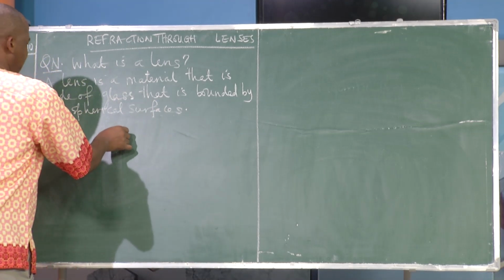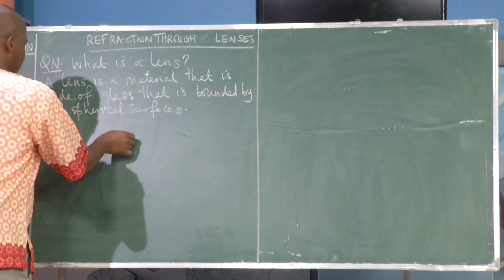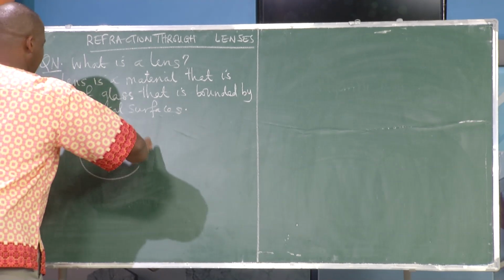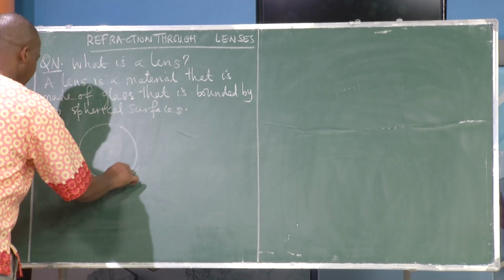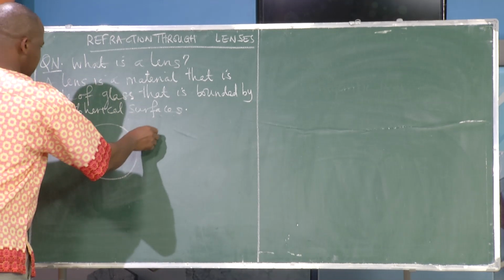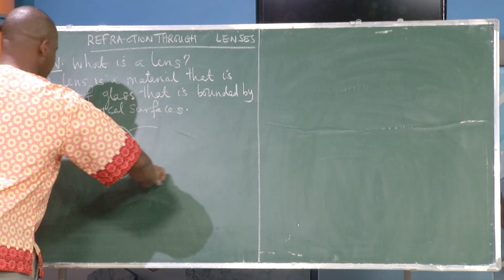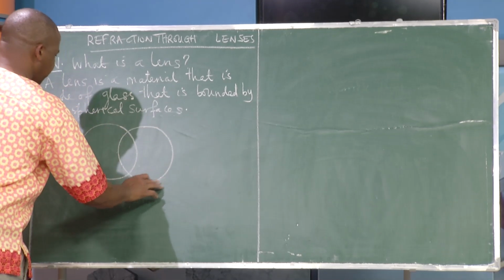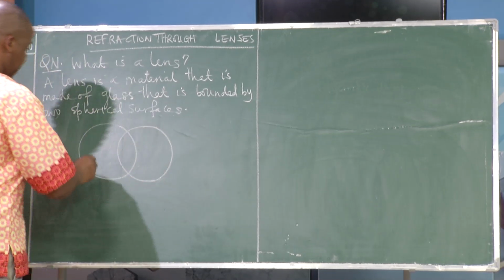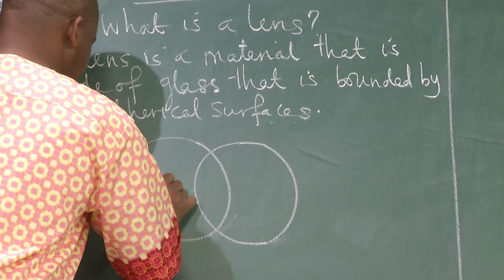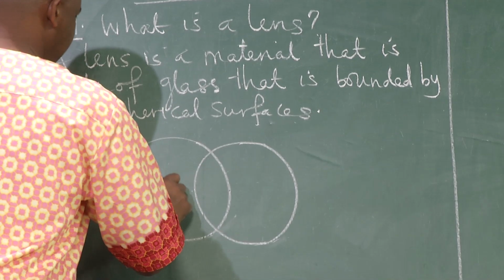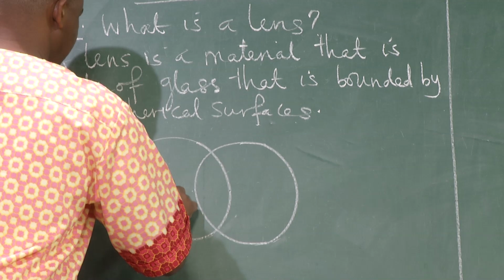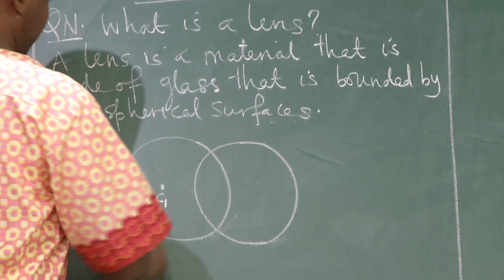If, for example, I have this as my sphere, people usually call them circles, and they have another one here. These different circles or spheres, as we'd call them, have different centers of curvature, as we shall later call them.